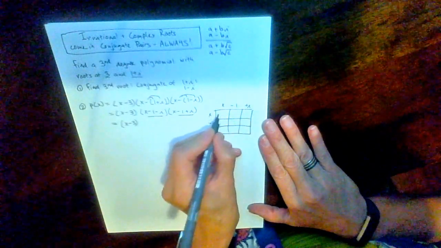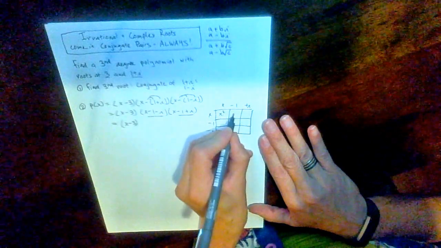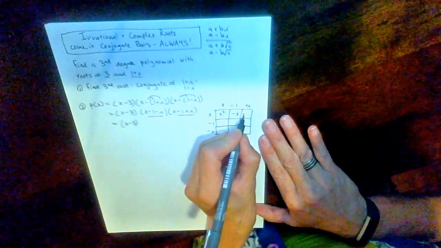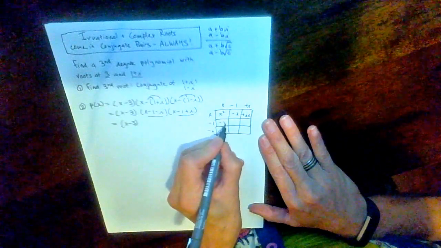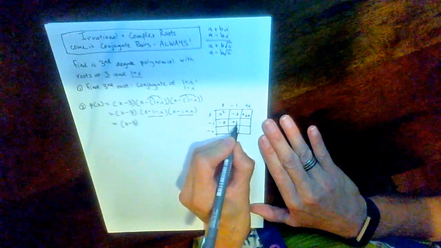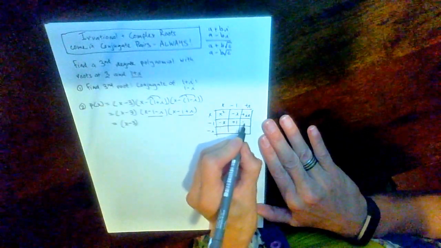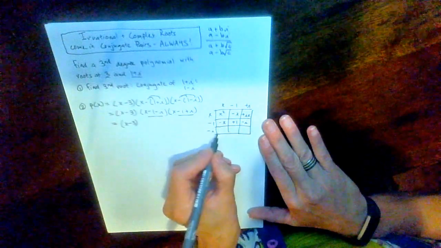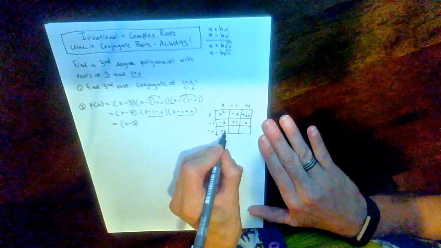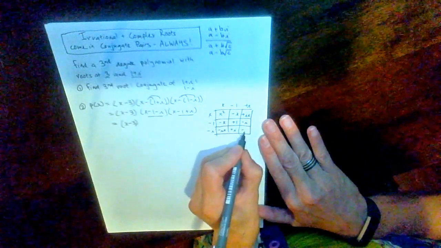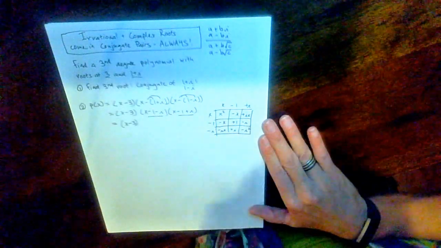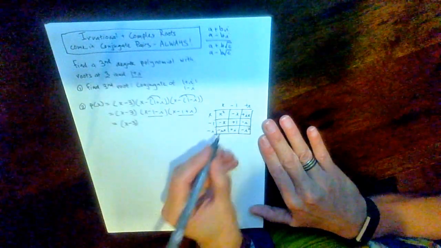And I'll get x times x is x squared, minus x, plus ix, minus x, plus 1, minus i, minus ix, plus i, minus i squared. And then this great thing happens.